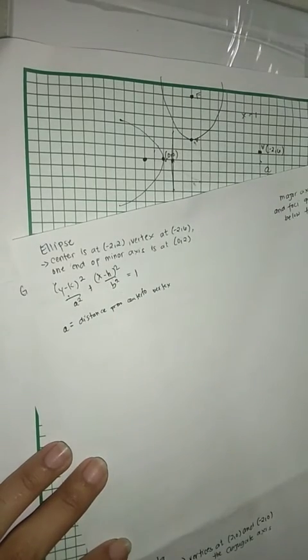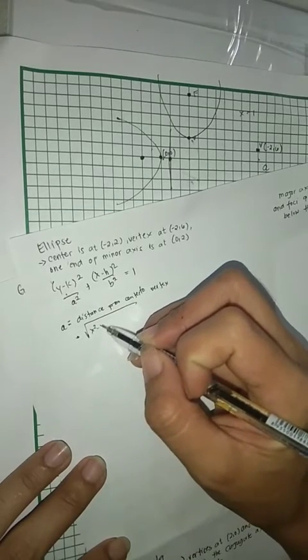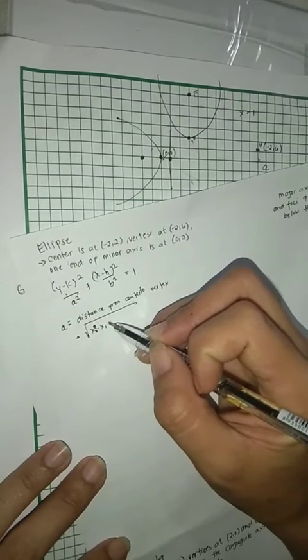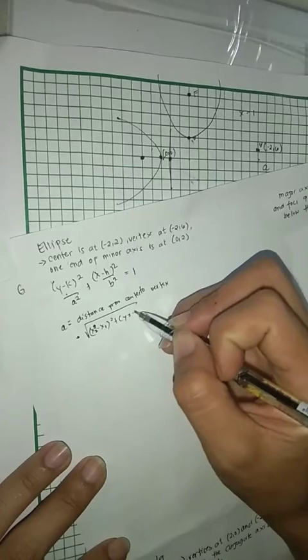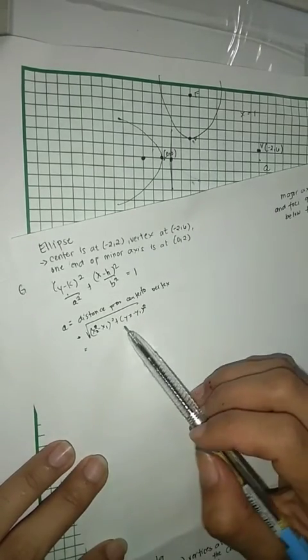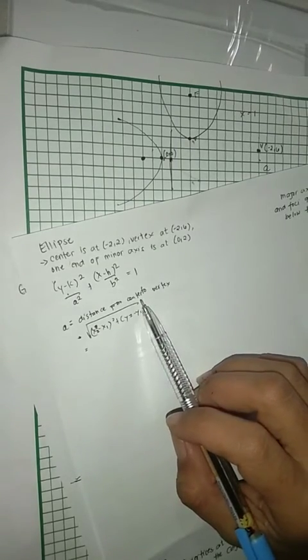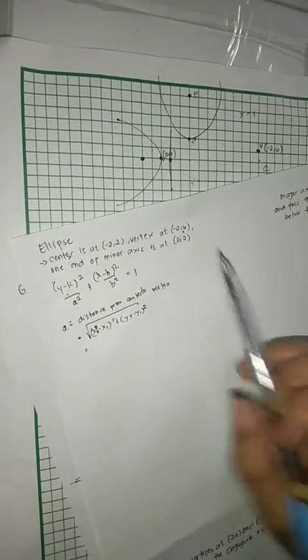To find distance, that should be the square root of x sub 2 minus x sub 1 squared plus y sub 2 minus y sub 1 squared. I'll use the coordinates of the center and the vertex here.